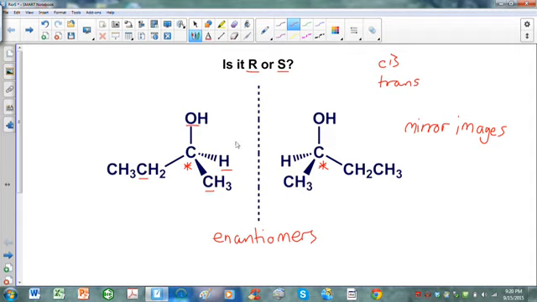Hydrogen has the lowest priority, so we're going to assign that priority number 4, being the lowest. And then we have to ask ourselves, well, which of the remaining 3 has the higher priority? Is it oxygen, carbon, or carbon? Well, in terms of atomic mass, oxygen's higher than carbon, so therefore oxygen gets priority number 1.